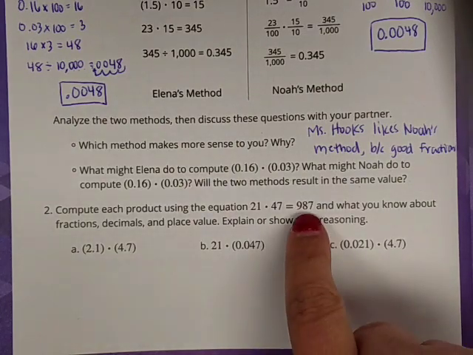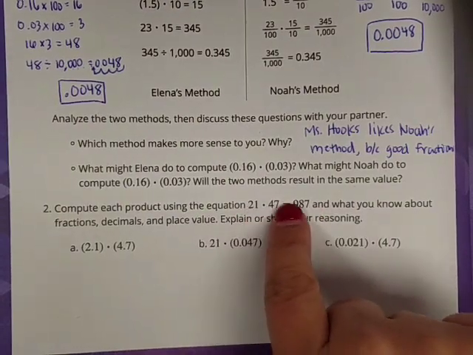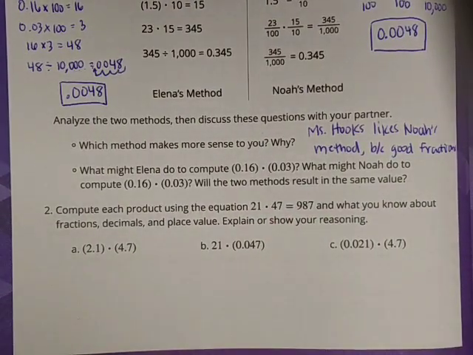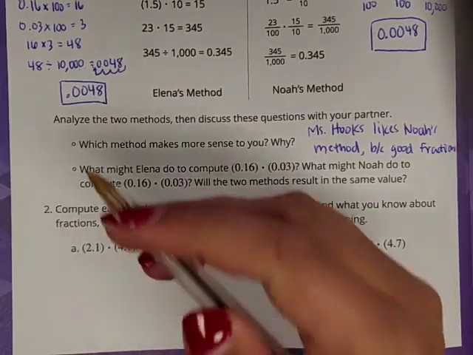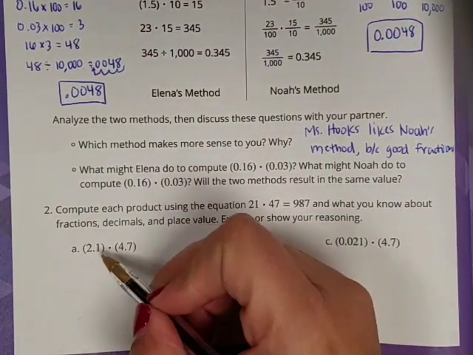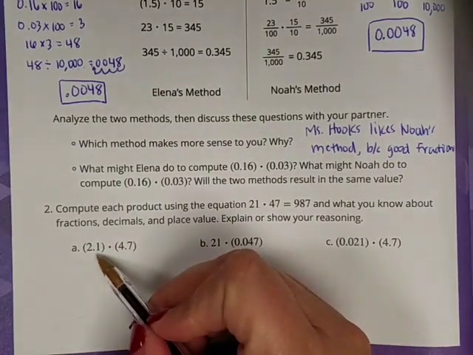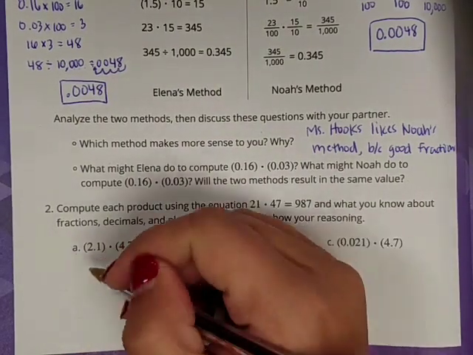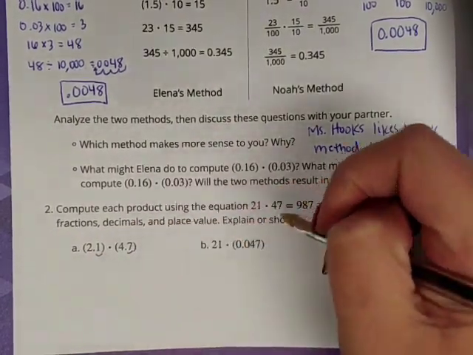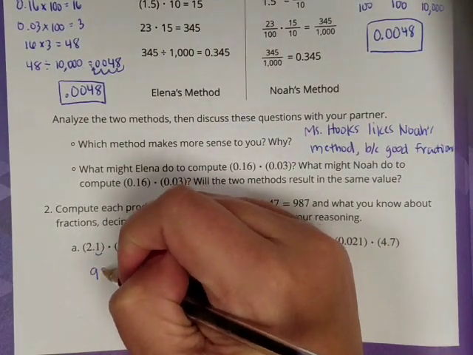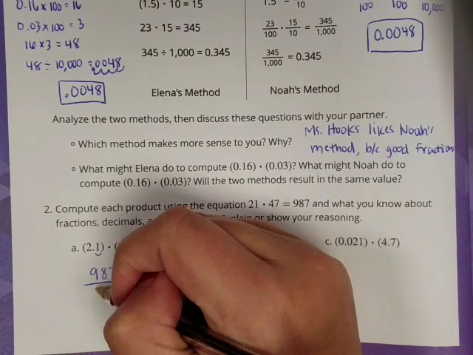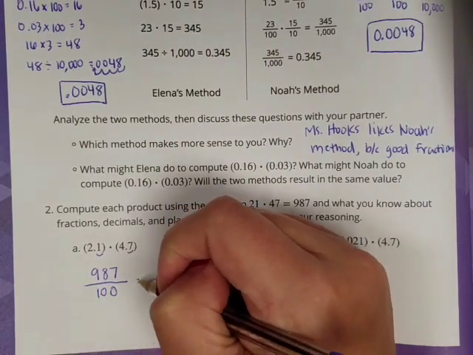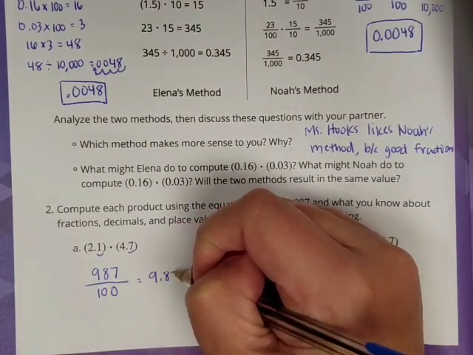Sorry about that. So we're going to use this information to help us answer these 3 questions. So if I know that it's already 987, and I am going to make this out of 10 and out of 10, that's one place value, that's one place value. What I can do is take the 987 and put it over 10 times 10, which is 100, which gives me 9.87.